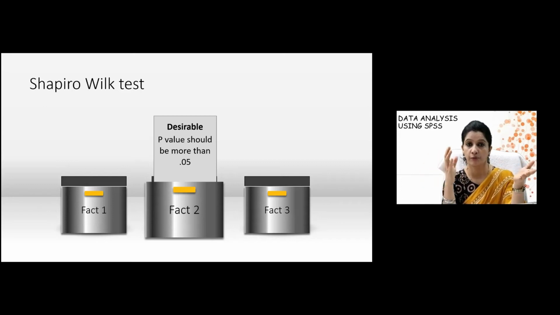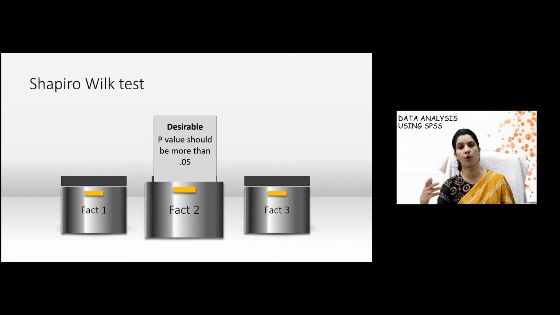The null hypothesis states that the data is normally distributed. So if we reject the null hypothesis, that means P will be less than 0.05, and the data is not normally distributed. At every place in all the parametric or non-parametric tests, we want the P value to be less than 0.05.